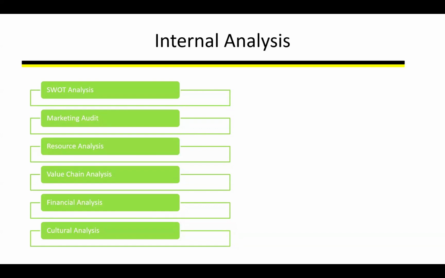In internal analysis, these are some of the things that you would analyze. There are many more analyses and models you can use, but for this program I will only take you through these models. If you want to study further, you can go through the strategic marketing management book that I recommend.